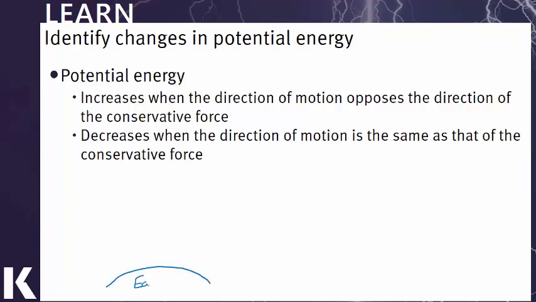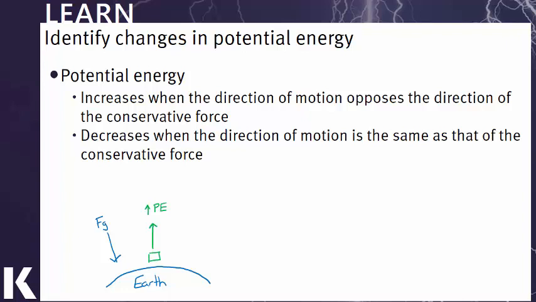Here we have again the Earth. And remember, the force due to gravity is always pointing downward. So if I were to take an object and increase its height, here, the direction of motion is opposing the direction of the conservative force, so this would see an increase in the potential energy.